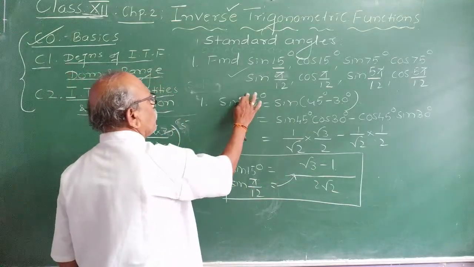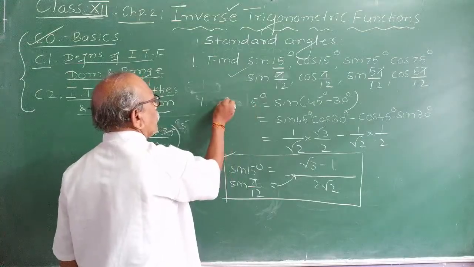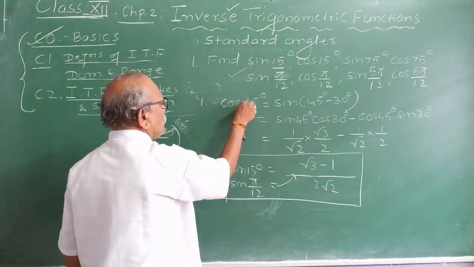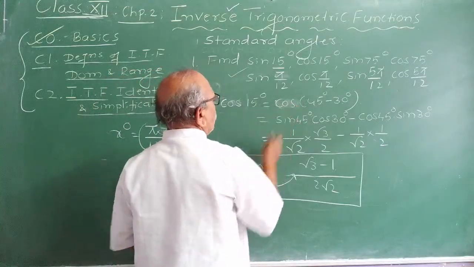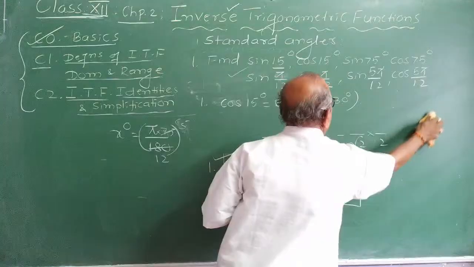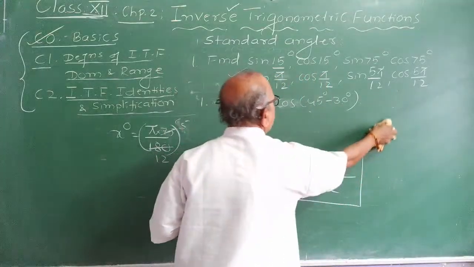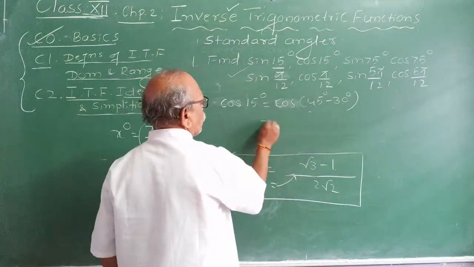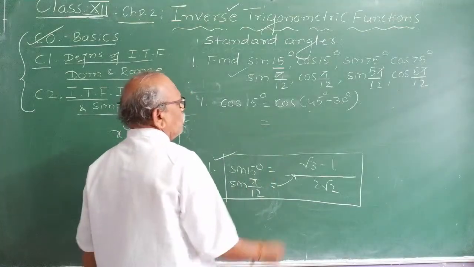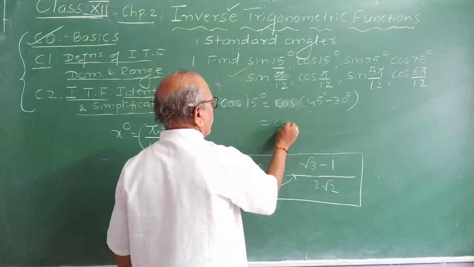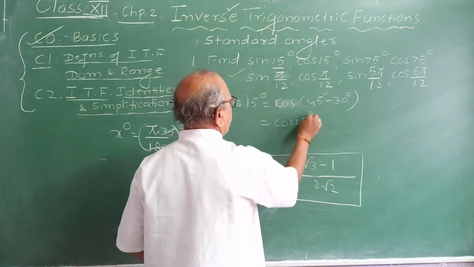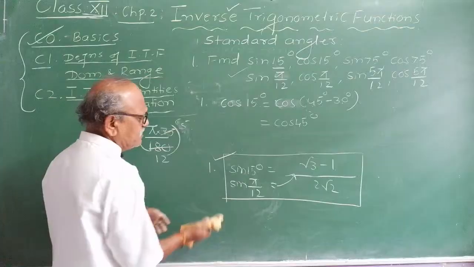Similarly, try to get cos 15 degree. You can write here cos 45 degree minus 30 degree. Very easy. You can find it within seconds. What is cos A minus B is cos A into cos B plus sin A into sin B. I will write cos A is cos 45 degree. I hope you noted this.